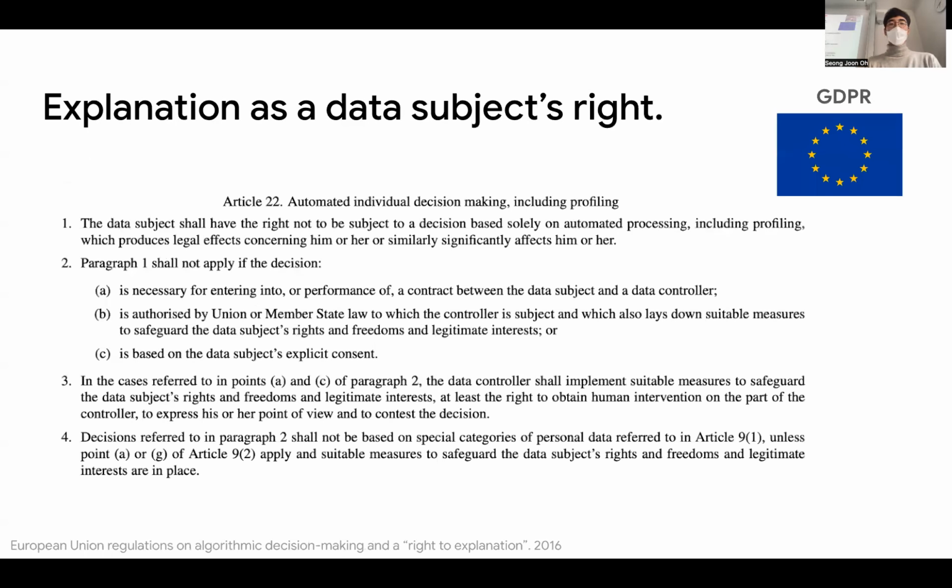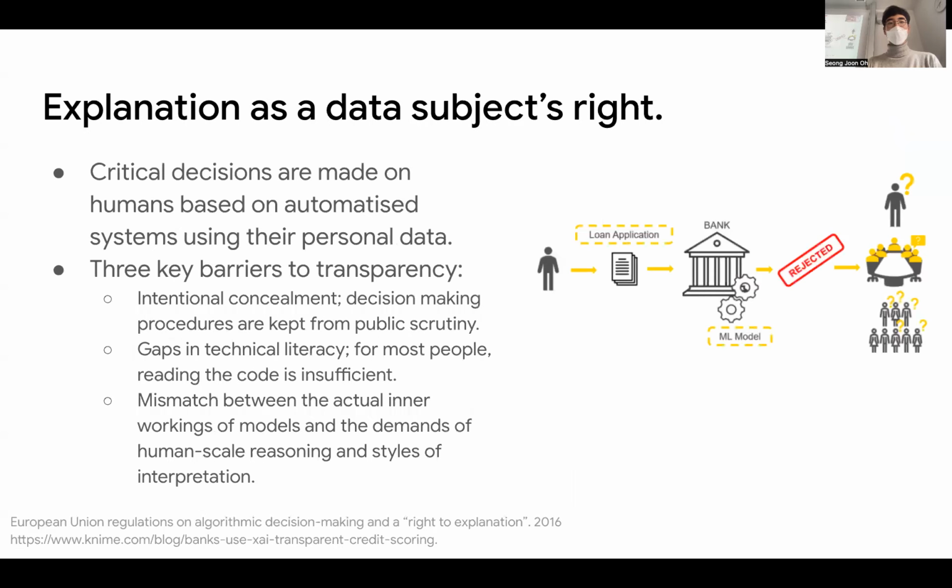Okay, and yeah, this is kind of boring article from GDPR, but they are also setting out this rule, this philosophy of right to explanation. And nowadays, the explanation itself is stipulated in some laws as well.